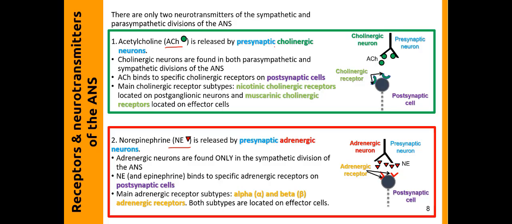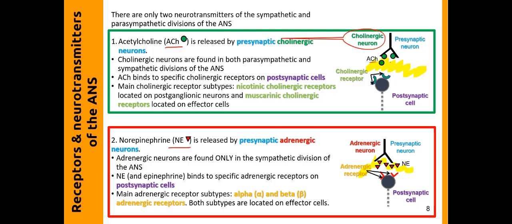Acetylcholine is released by cholinergic neurons. The definition of cholinergic neurons is neurons that release acetylcholine. The neurotransmitters are always released by the neuron before the synapse. If you look at this, this is the synapse right over here, and the neurotransmitters are released by the presynaptic neurons.